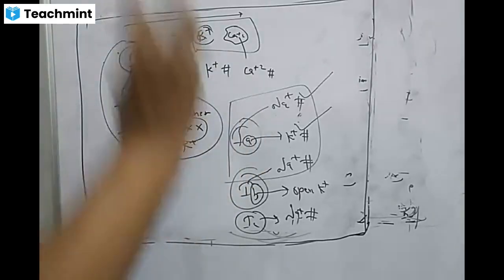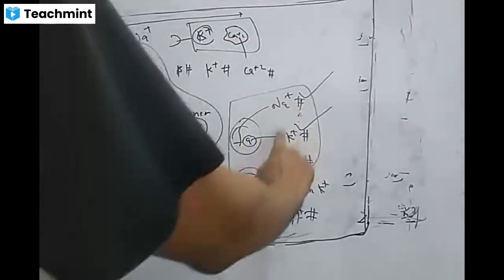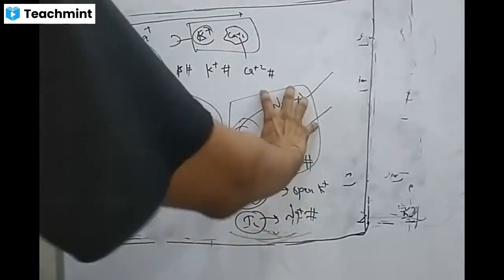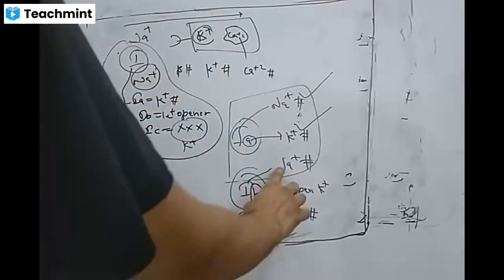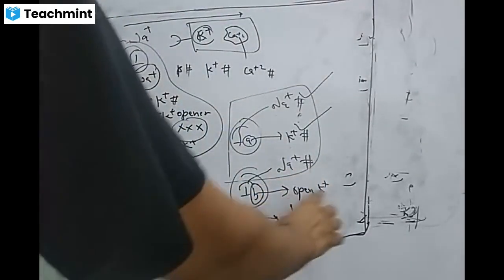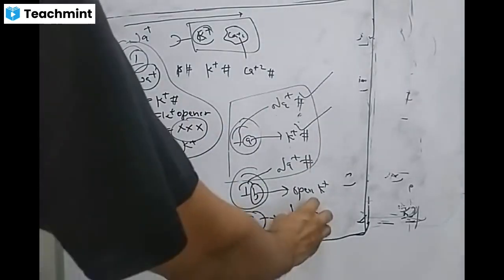So the complete meaning of 1A is sodium blocker plus potassium blocker, of 1B is sodium blocker and potassium opener, and of 1C is only sodium blocker.